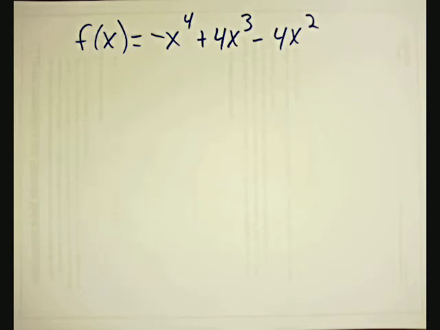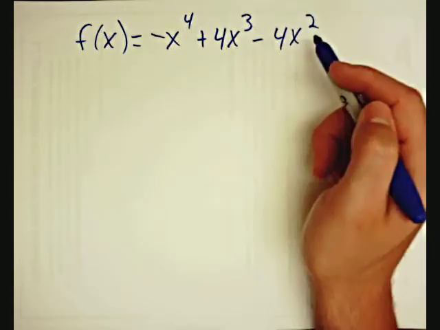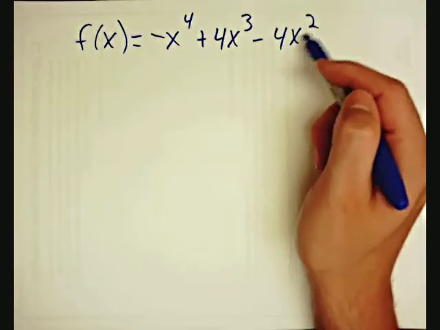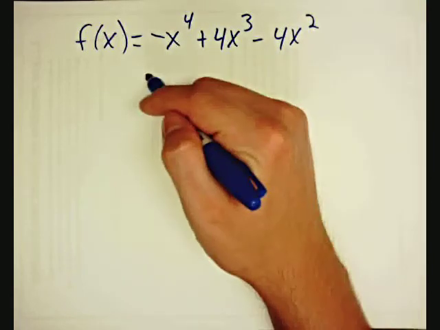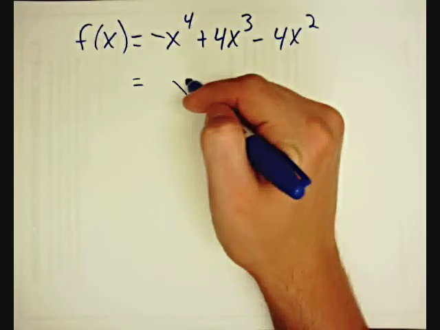This one is not four terms, so we should not be thinking factoring by grouping. First, we should be thinking factor the greatest common factor. All of these have an x, and in fact, they're all at least x squared. So we can factor out an x squared as the greatest common factor.